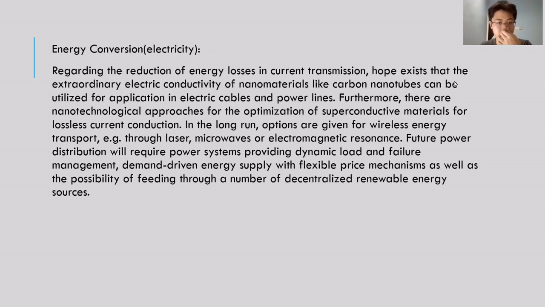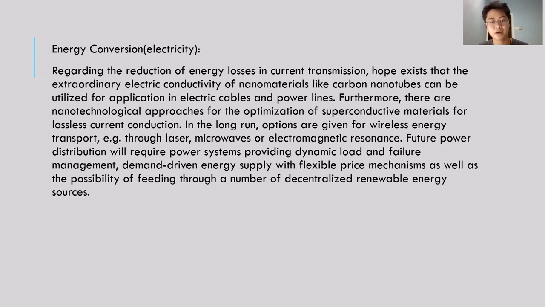For energy conversion, electricity, regarding the reduction of energy losses in current transmission, hope exists that the extraordinary electric conductivity of nanomaterials like carbon nanotubes can be utilized for application in electric cables and power lines. Furthermore, there are nanotechnological approaches for the optimization of superconductive materials for lossless current conduction.